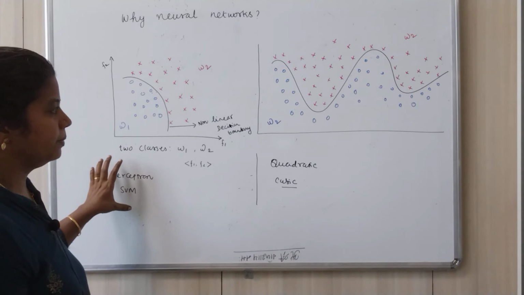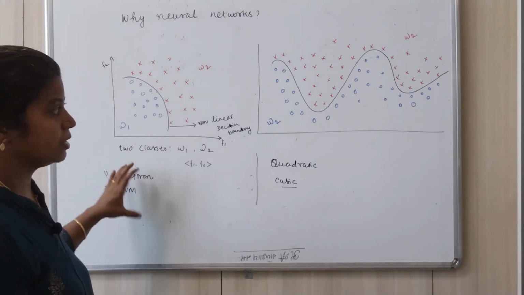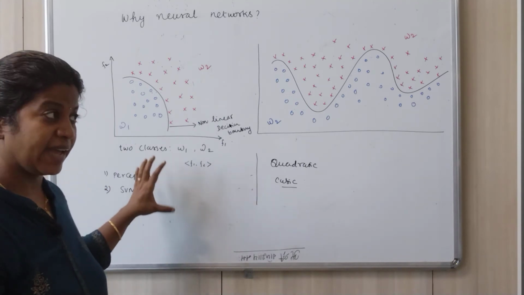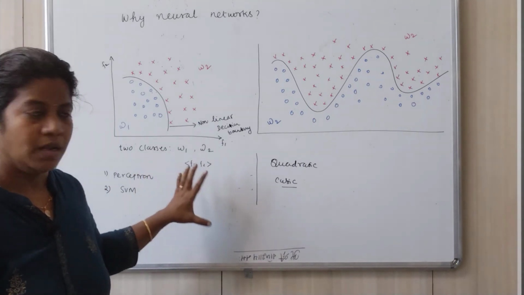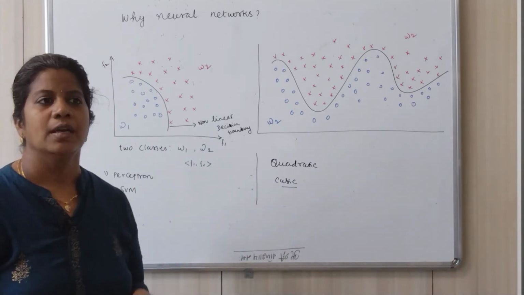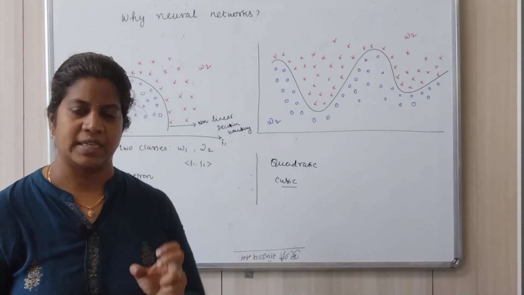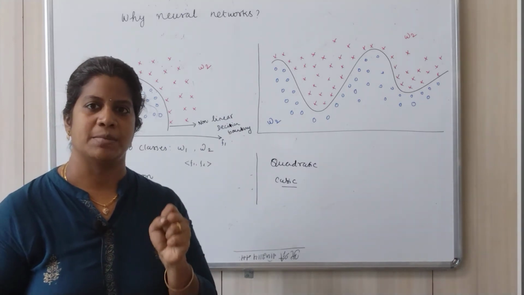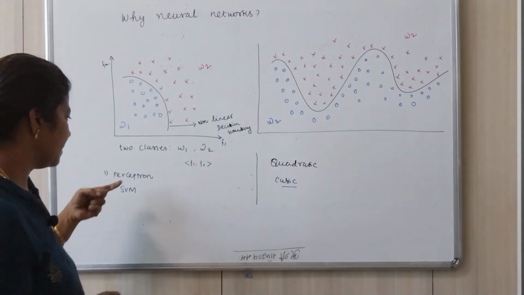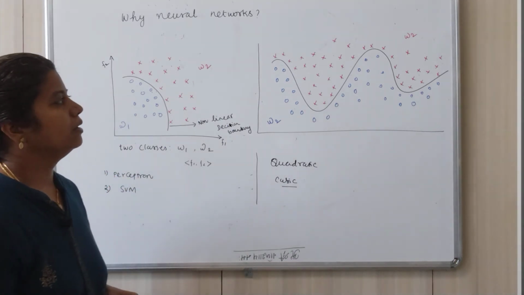Although they are able to generate a linear decision boundary, it is guaranteed that there will be some error, but that error will be as minimal as possible because we follow the algorithm of squared sum of error. That squared sum of error should be as minimal as possible, and that can be guaranteed in the case of perceptron and SVM.